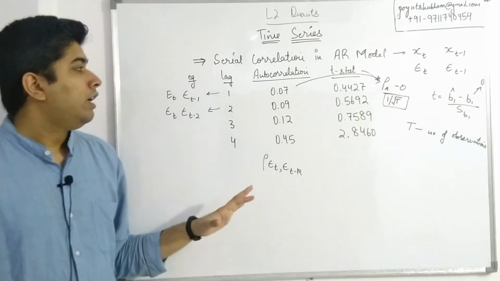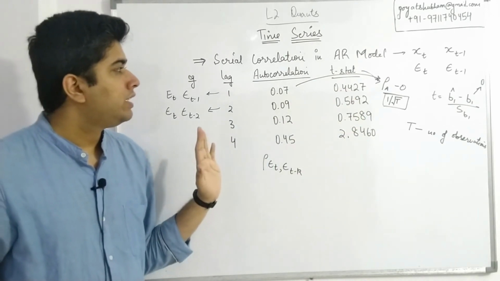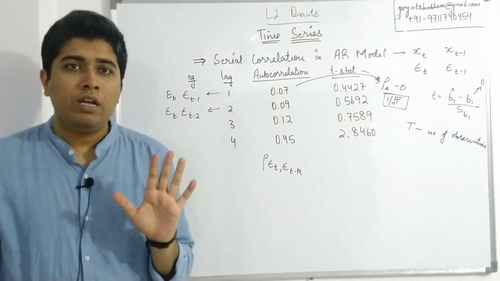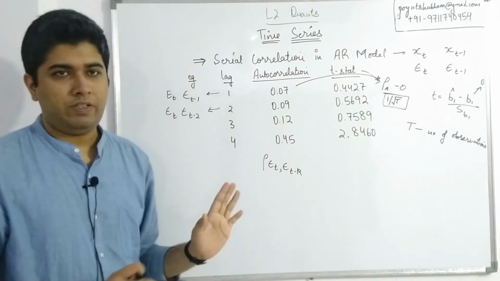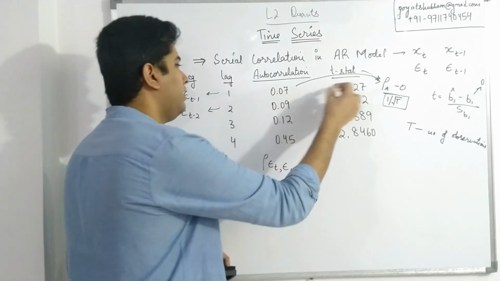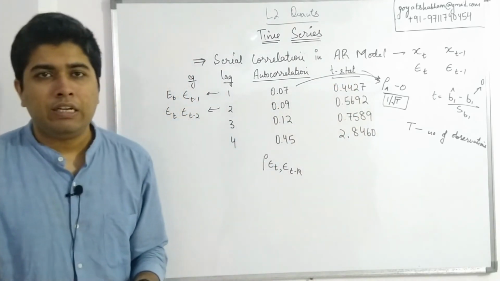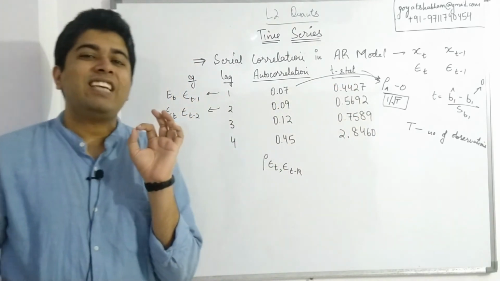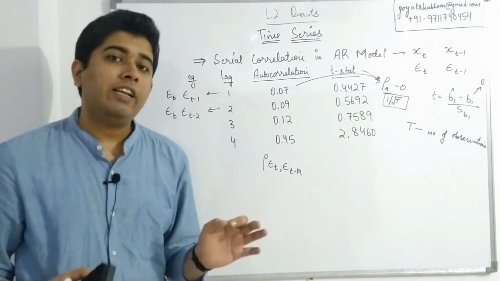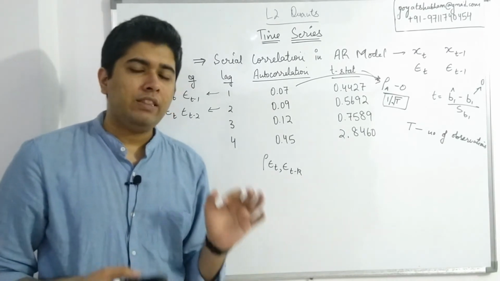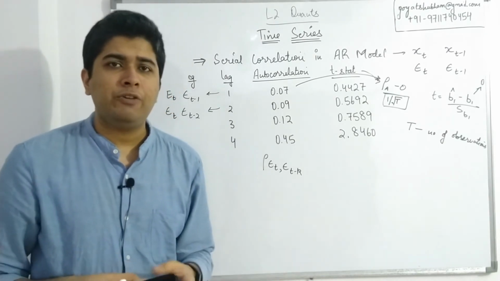So I hope all of that makes sense. Once we have all the t-stat values for different lags, the next step is exactly the same as linear regression. In linear regression, if you remember, in the regression table we got the t-stat value.